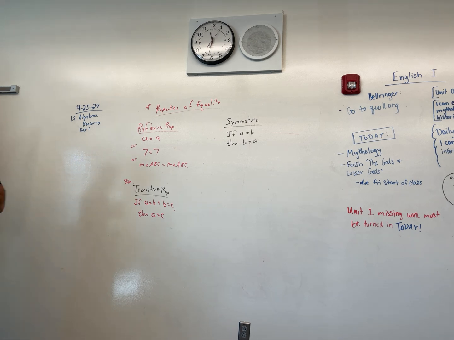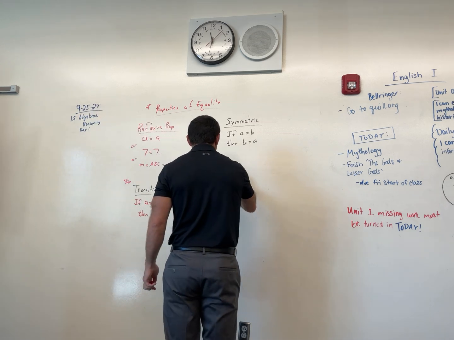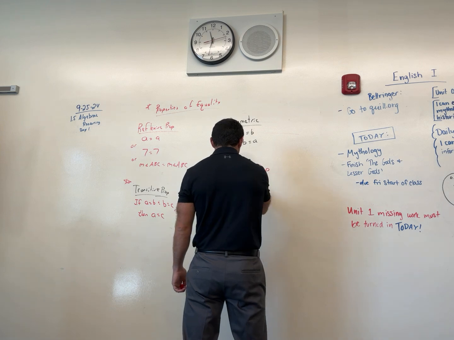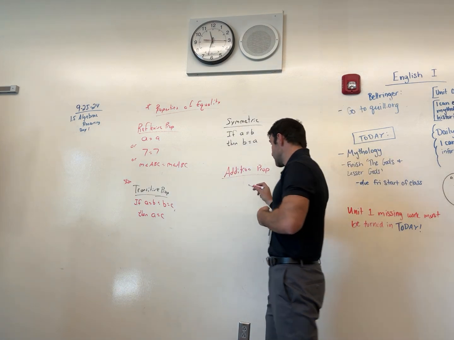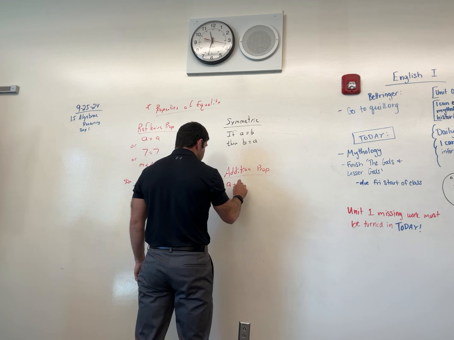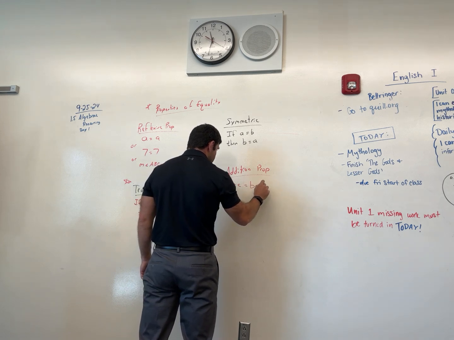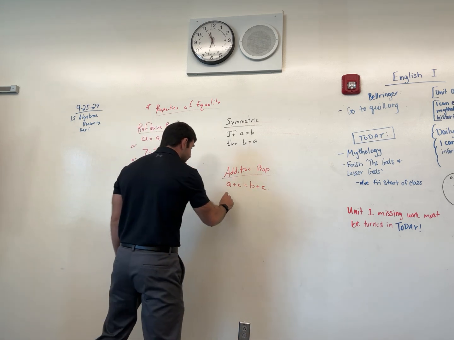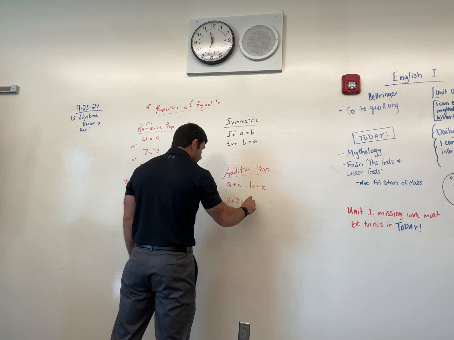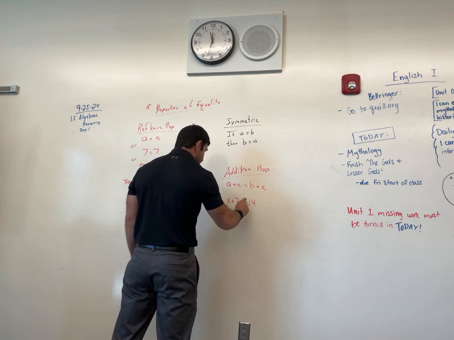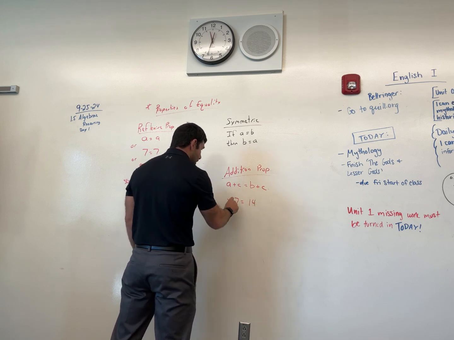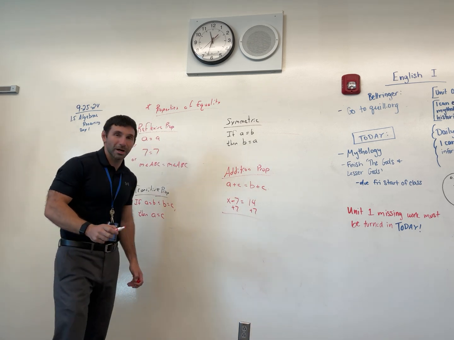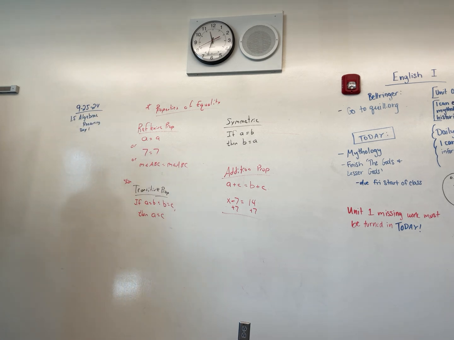Okay, then we have the addition property. And this says something like this: A plus C equals B plus C. So what that means is if I have x minus 7 equals 14, I can add 7 to both sides. That's the addition property, which you have seen.